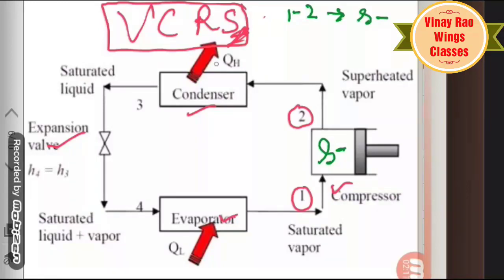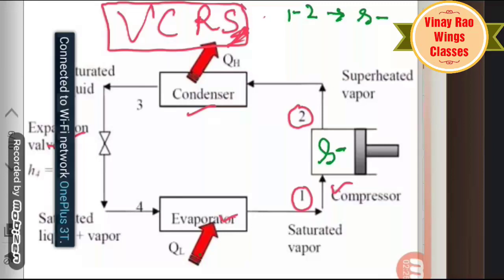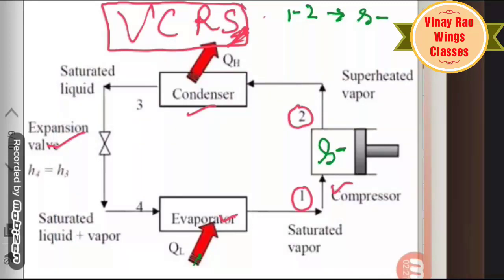After this, in the heat exchangers, heat is removed in the condenser and heat is absorbed in the evaporator. So from 2 to 3, there is a constant pressure heat removal process, QR.